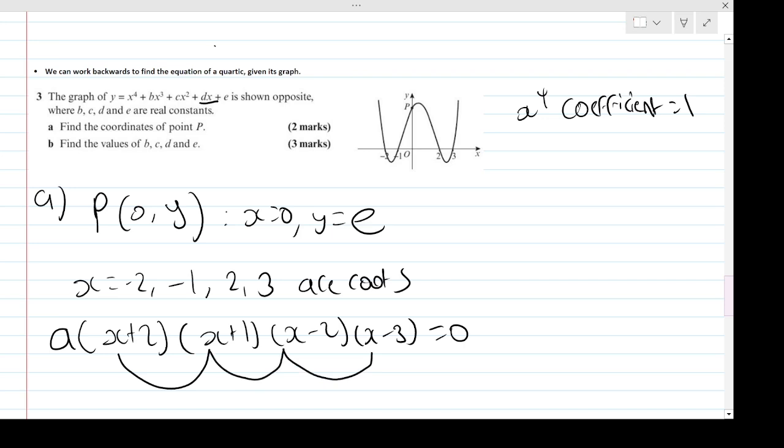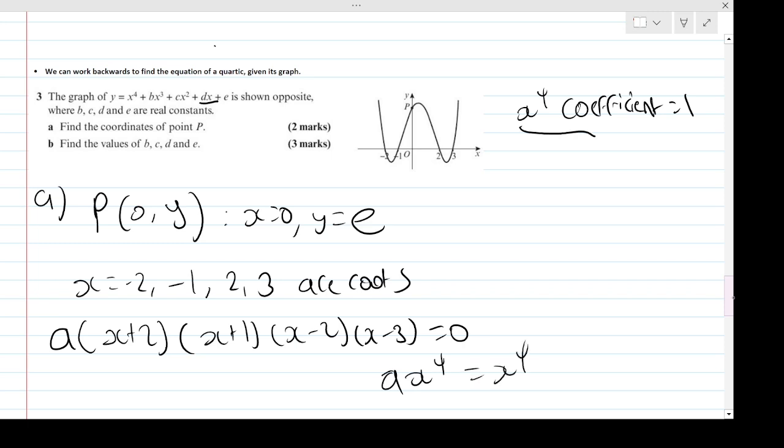If you times all the x's, you get x to the 4, and then you'd times it by the a outside, the number a. So ax to the 4 is what we would get as the x to the 4 term. But the total is x to the 4, right?